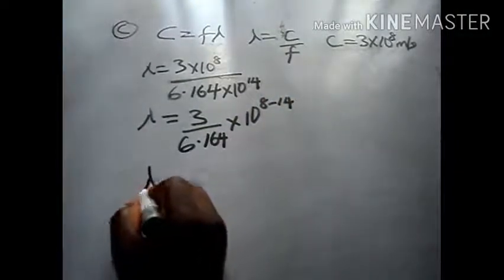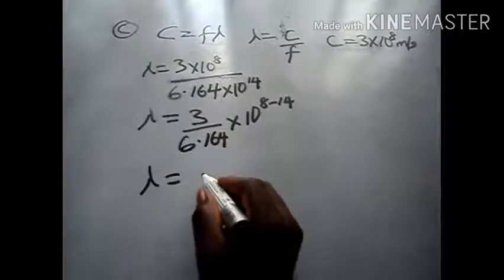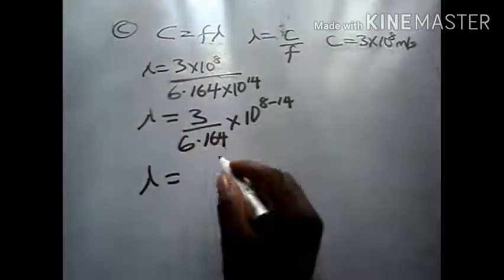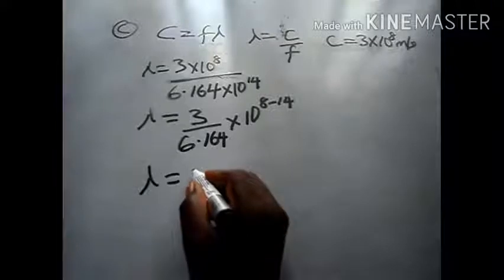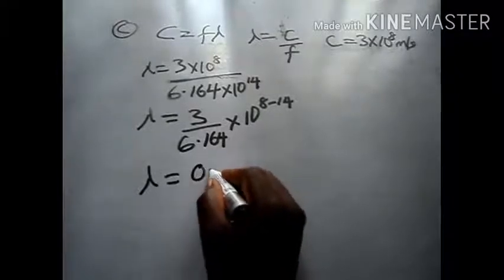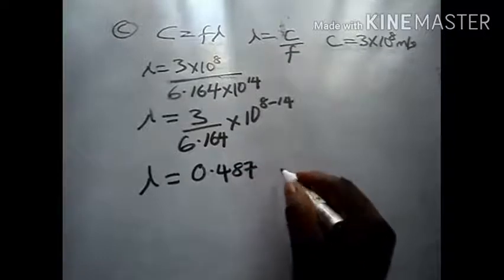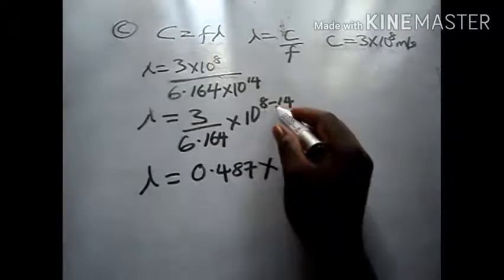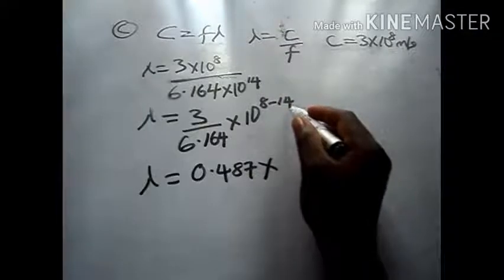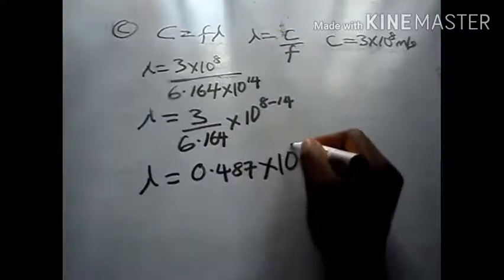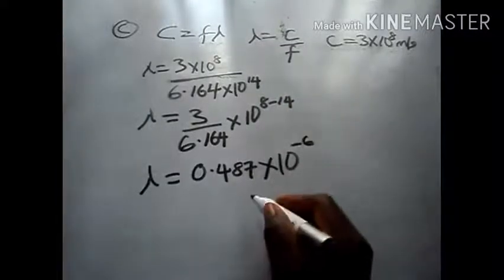So when you punch your calculator, 3 divided by 6.164, you have 0.487. So we have 8 minus 14, we have that to be negative 6.